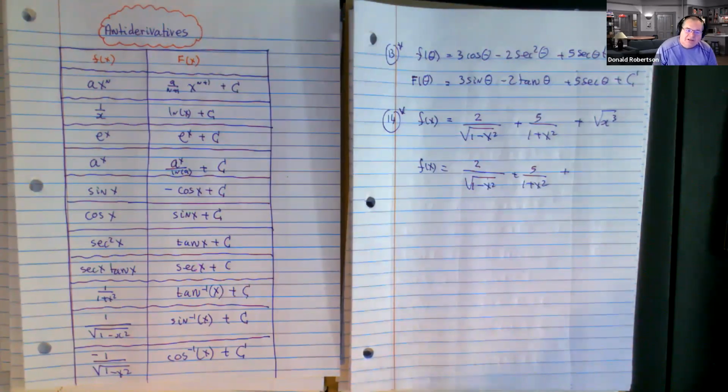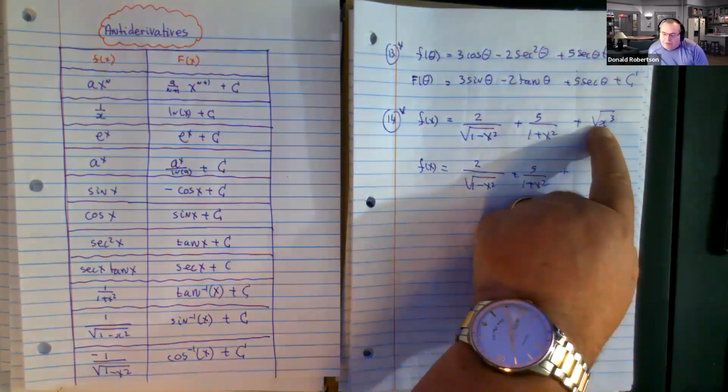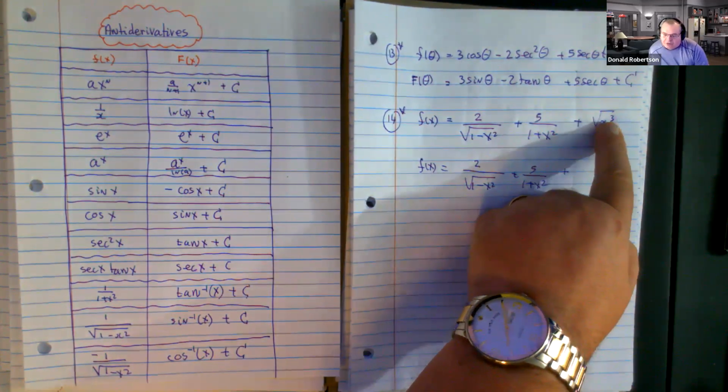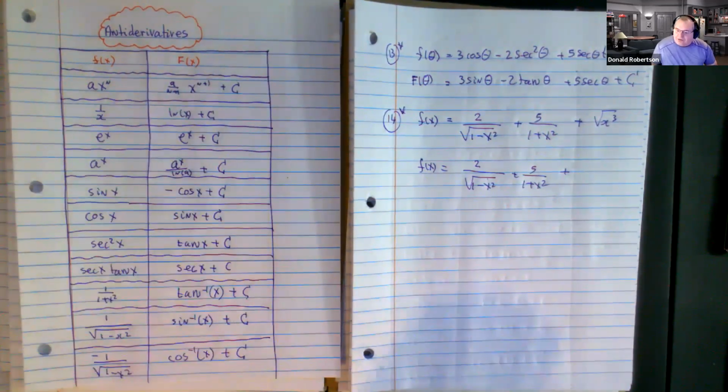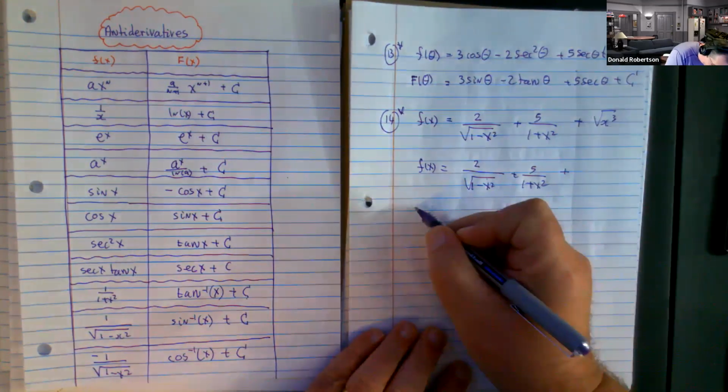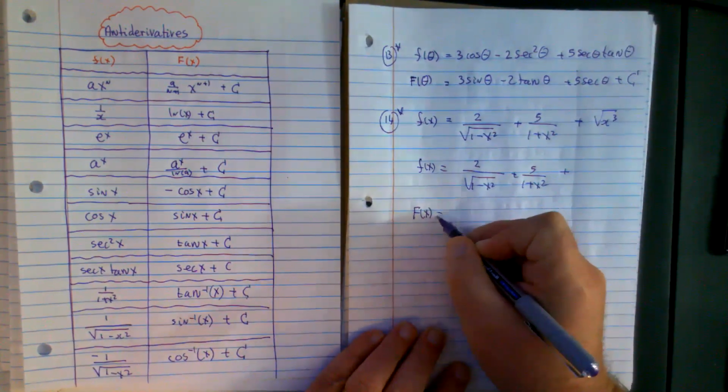Right, I have to write it in a different way. How will I write the square root of x cubed so that I can use one of these here to get its antiderivative? x to the 3 halves.